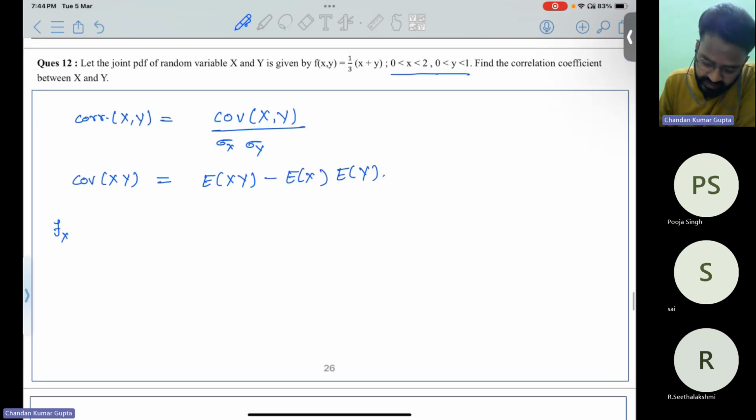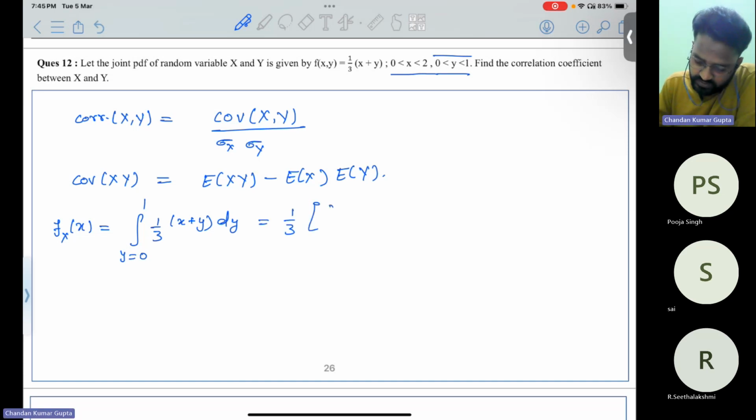So fx of x is the integral over the y range, which is from 0 to 1, of 1 by 3 (x plus y) dy, which is equal to 1 by 3 times xy plus y square upon 2, from 0 to 1.